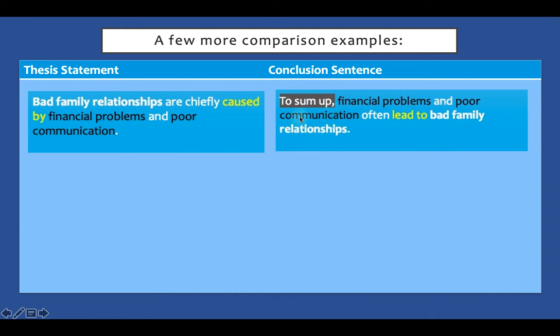The conclusion sentence version: to sum up, financial problems and poor communication often lead to bad family relationships. So we have all the same information, but we've changed the order and we're using slightly different words.